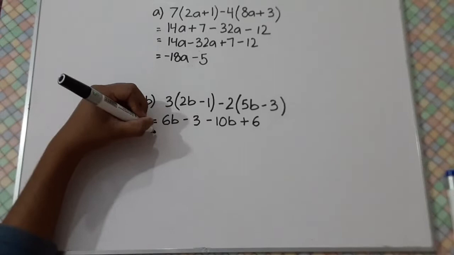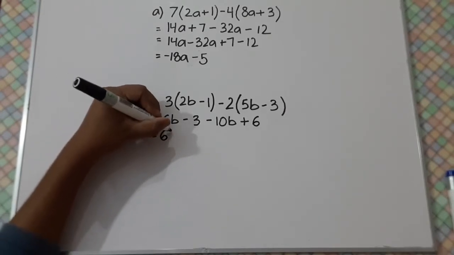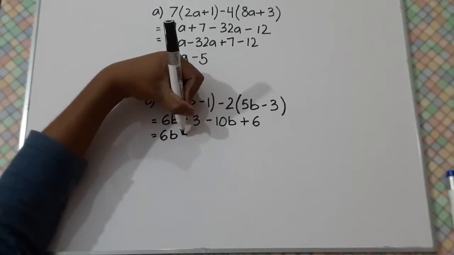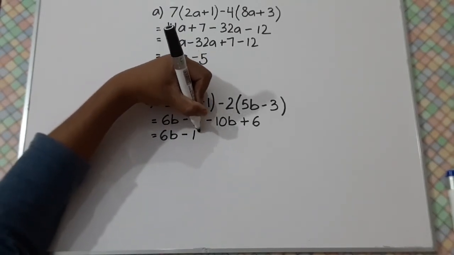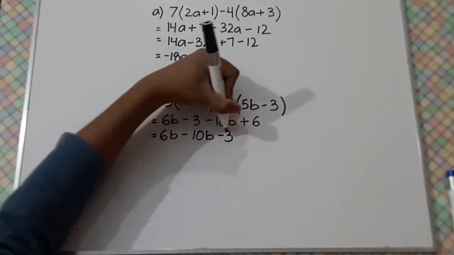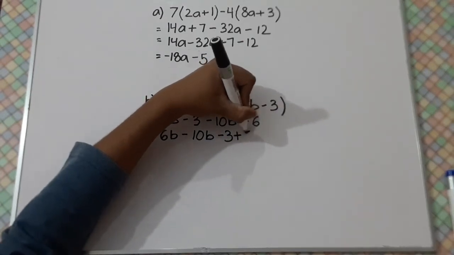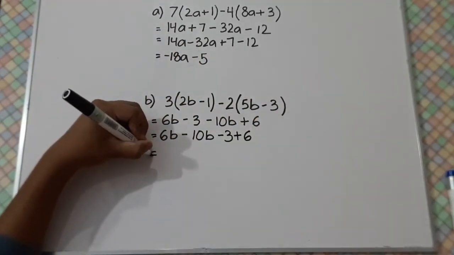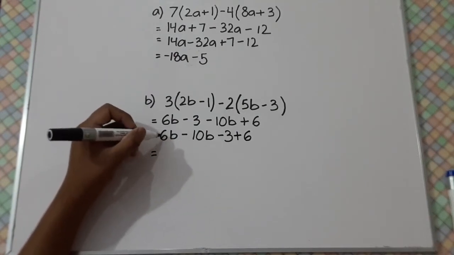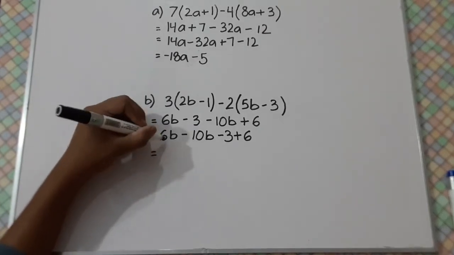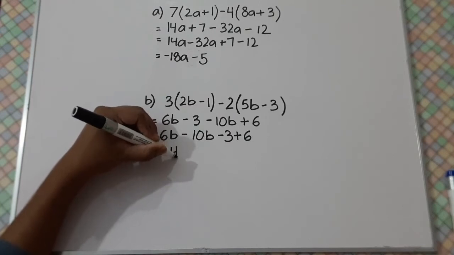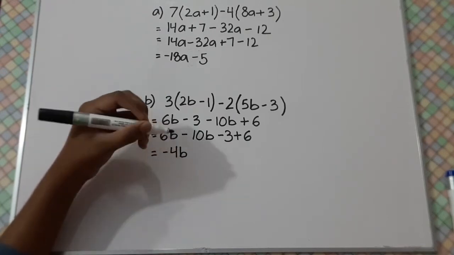Now we are going to take out the common. 6b and 10b are common. 6b then minus 10b. Minus 3 would be here, and plus 6. Now 6b minus 10b means 6 is a smaller number, so the answer would be negative. 6 minus 10 is 4, so the answer would be minus 4b.